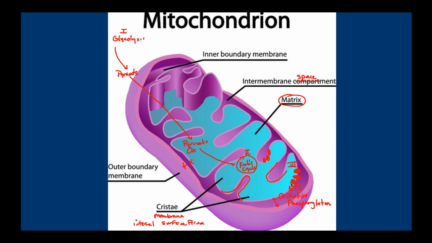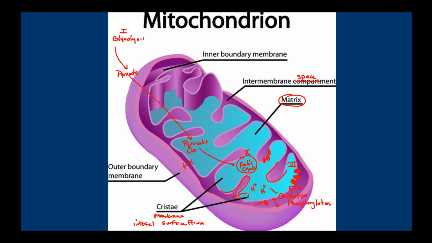Okay, so we're going to involve all these different areas of the mitochondrion, and we're also going to be looking a lot at what's happening in this intermembrane space, because when we start producing energy, particularly during oxidative phosphorylation, we're going to see the movement of hydrogen protons from the matrix into that intermembrane space.